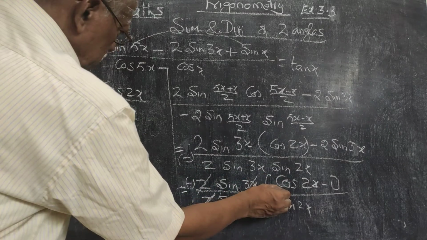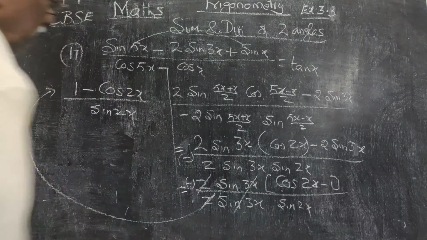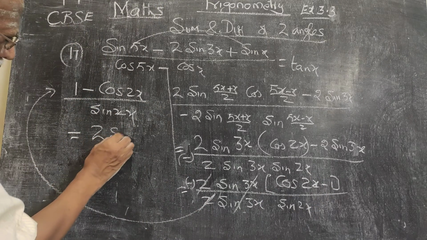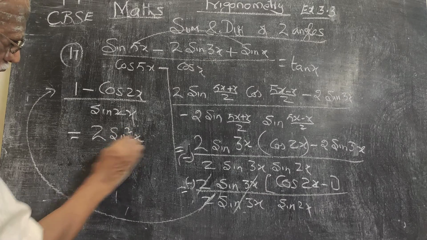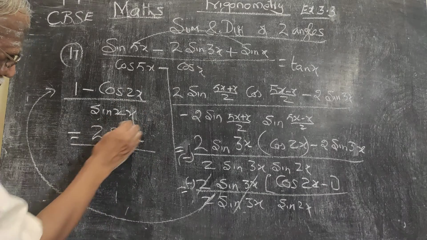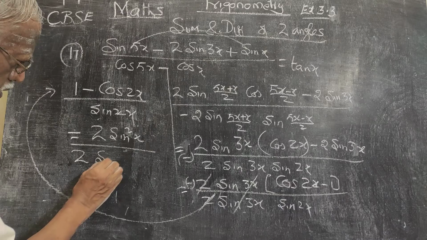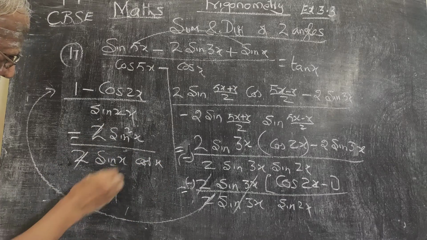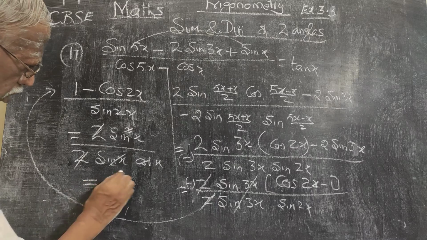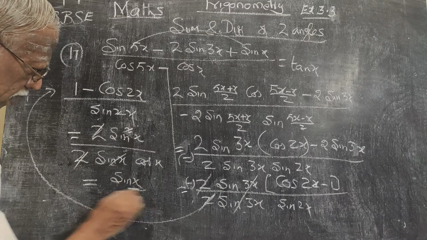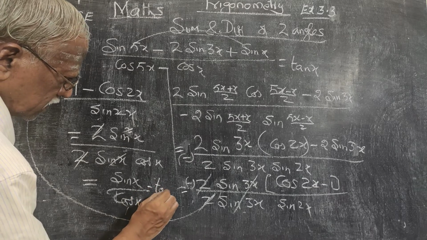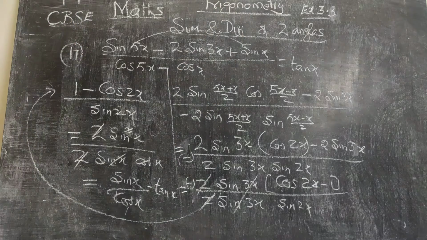So minus into minus cos 2x, minus into minus, plus. 1 minus cos 2x is 2 sin square x. That is the formula. Sin 2x is 2 times sin x and cos x. This gets cancelled, this gets cancelled. You are left with sin x divided by cos x, which is equal to tan x, and we have proved it.